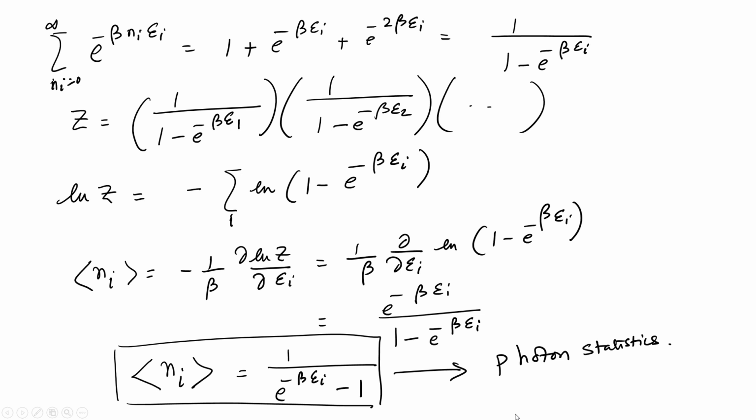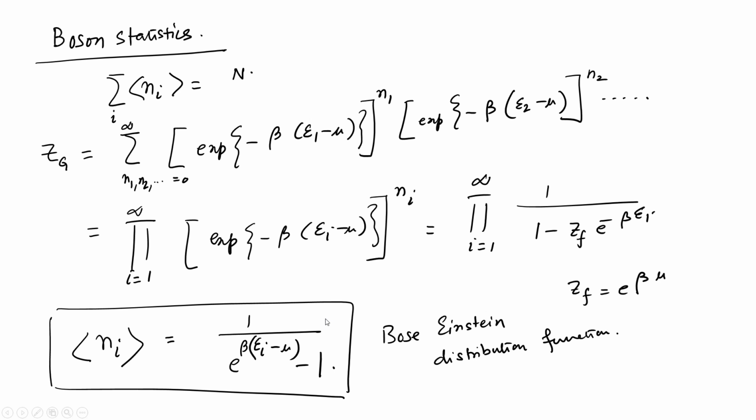Then the photon statistics is 1 divided by exponential beta epsilon I. Once again, I do not have a minus sign. Let me just, yeah, there is no minus sign there. Of course, you divide it by exponential minus beta epsilon I. So, this gives rise to the photon statistics, where there is no mu, or mu is identically equal to 0.